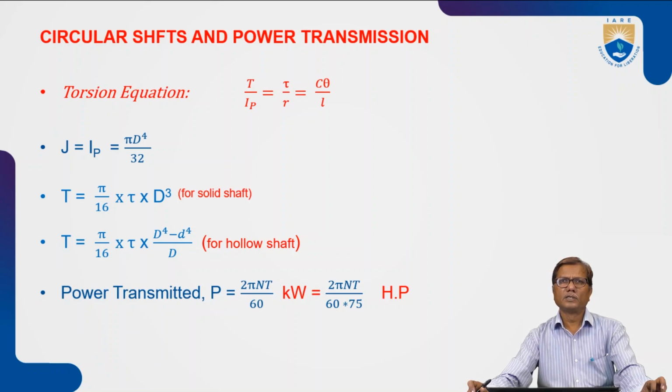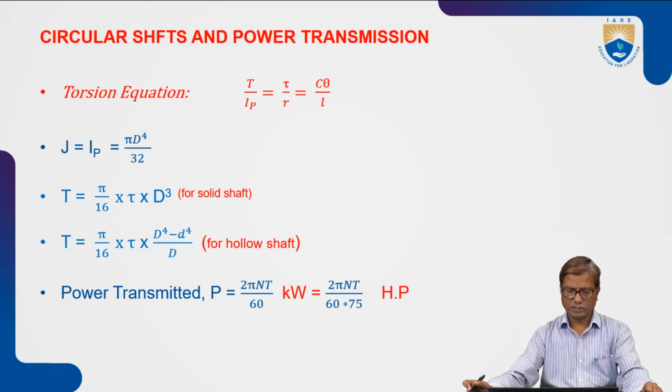Okay. So for a solid circular shaft, the polar moment of inertia is denoted by capital J or I suffix P, which is given by pi d power 4 by 32 for solid shaft.